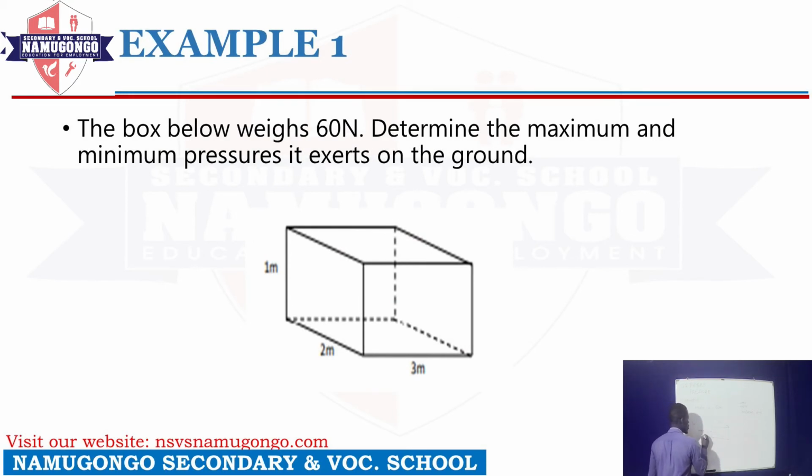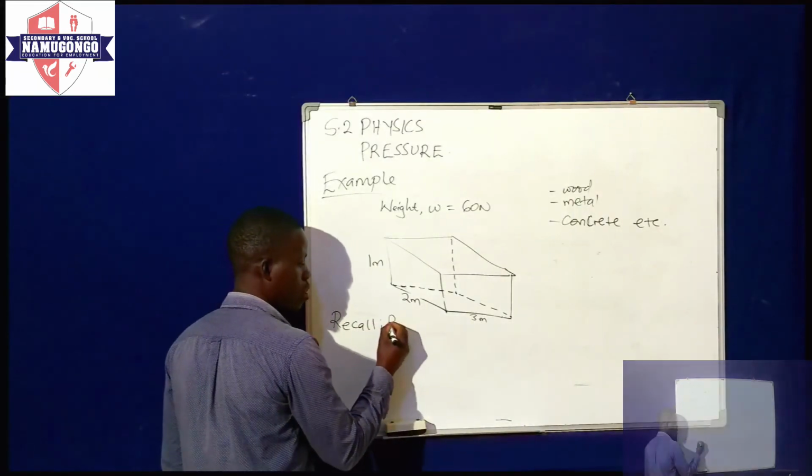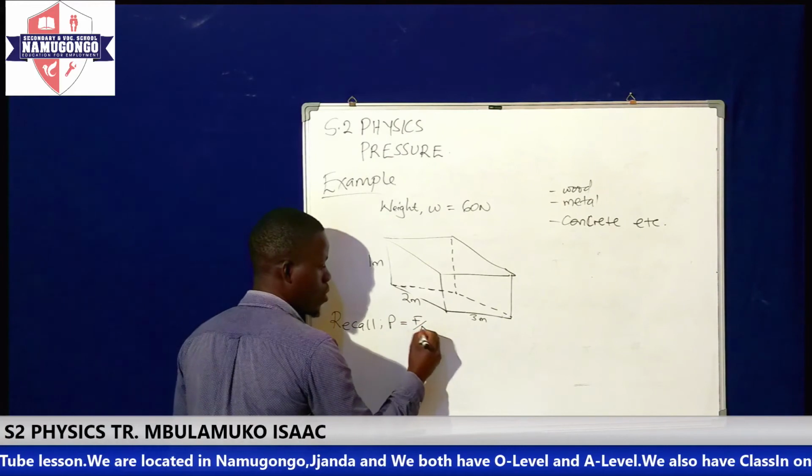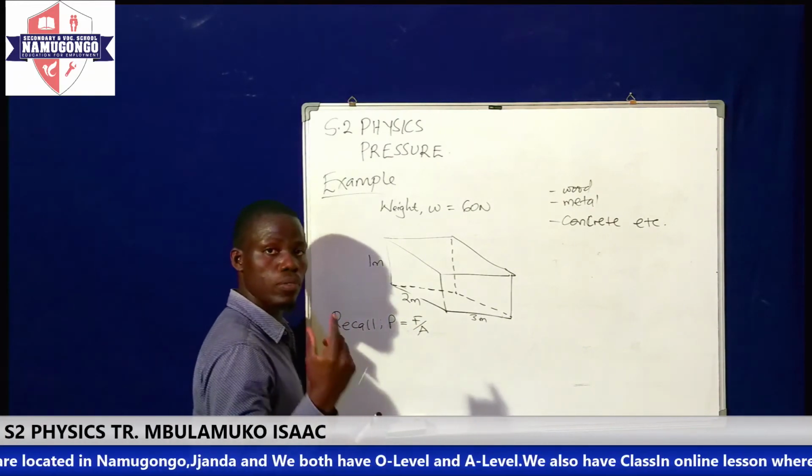We have 1 meter, 2 meters, and 3 meters. So they want us to find the maximum and minimum pressure. So first things first, recall that pressure is equal to force out of area. So at any point, if we need pressure, we need to find the force and area.